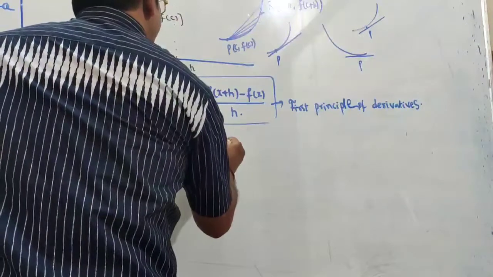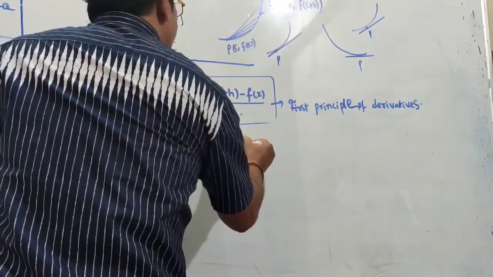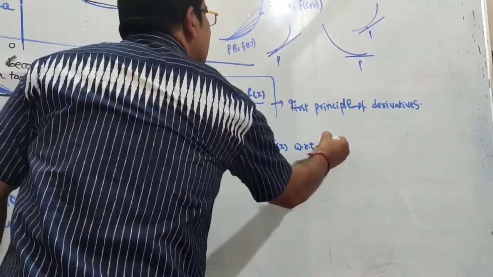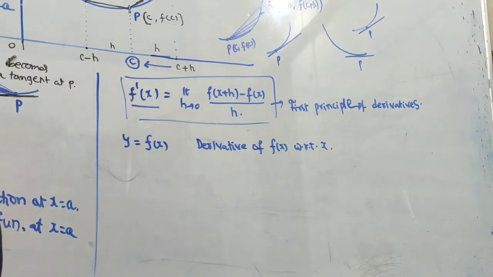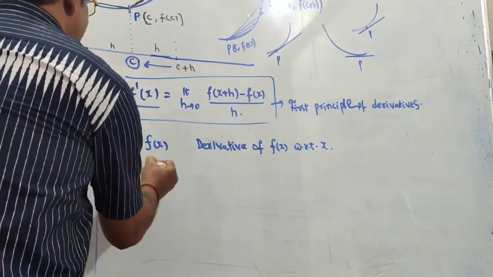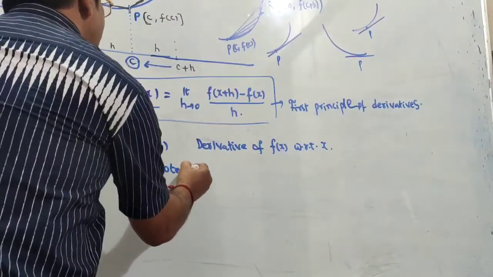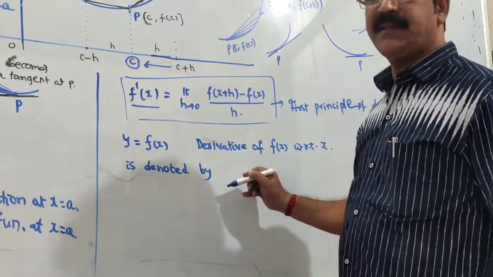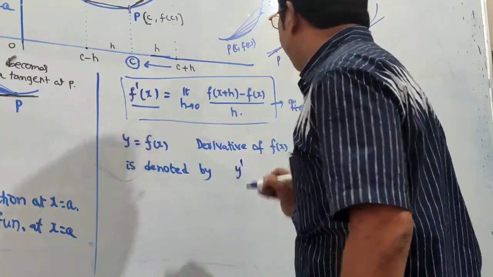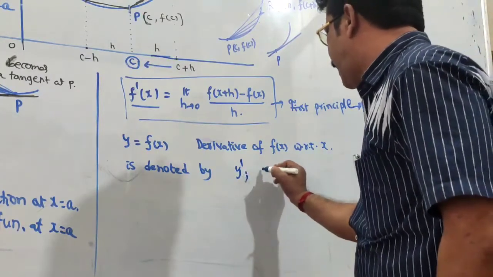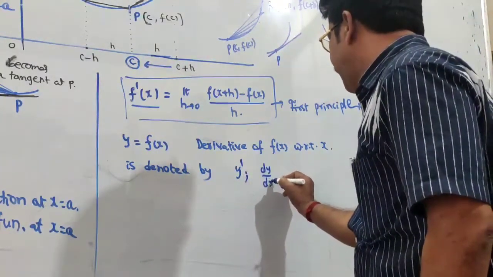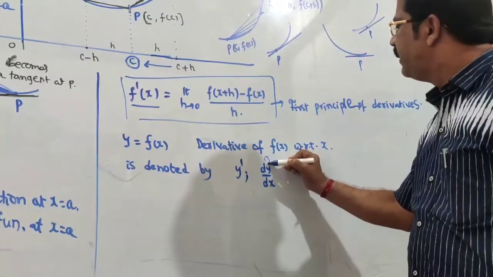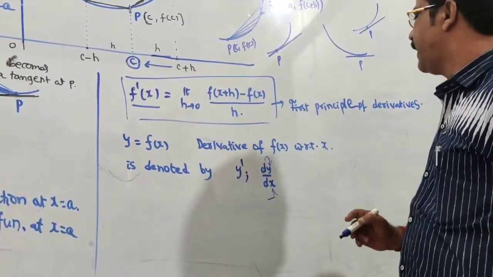The derivative of f of x with respect to x variable is denoted by, here we are learning some notations, y dash or dy by dx, meaning d by dx of y, differentiation of y with respect to x.